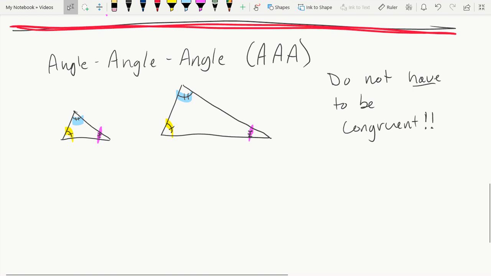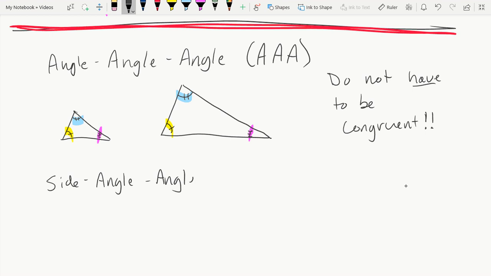All right, and then we have the infamous side, angle, angle. Oh, yikes. SAA. No, wait. Guys, yell at your computer. Yell at it right now.